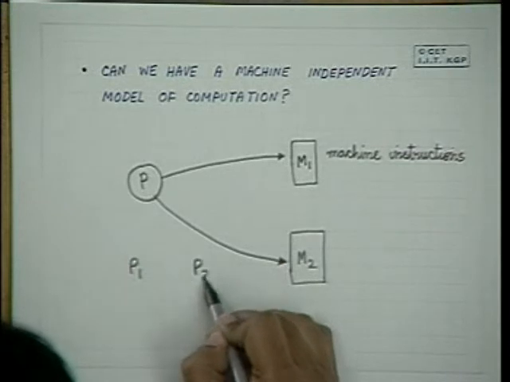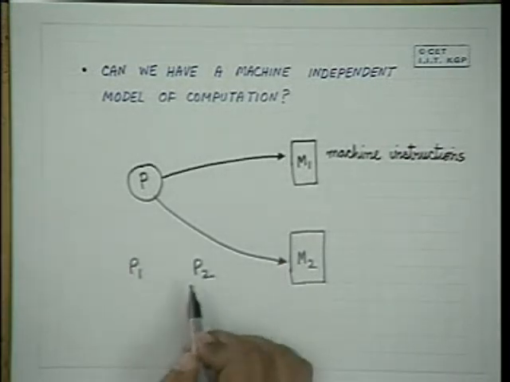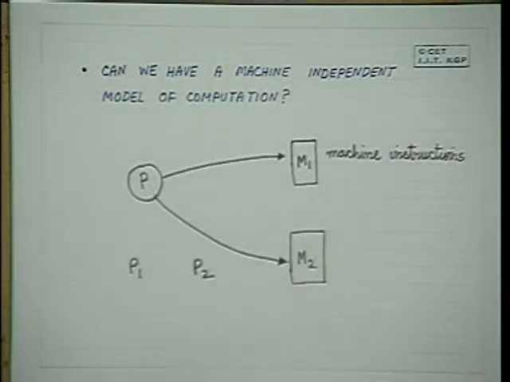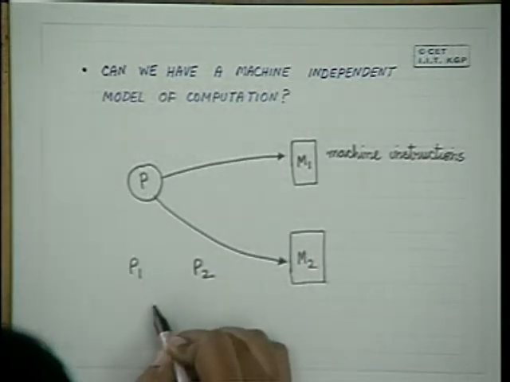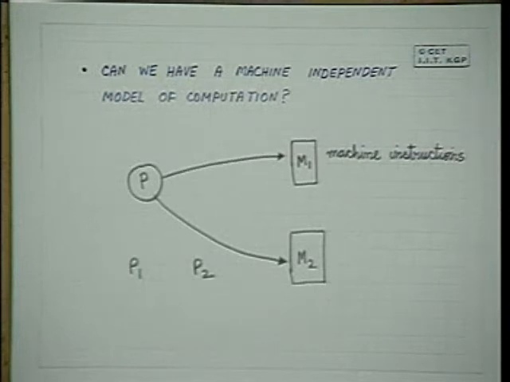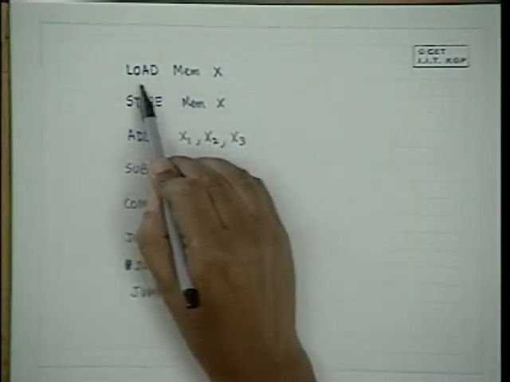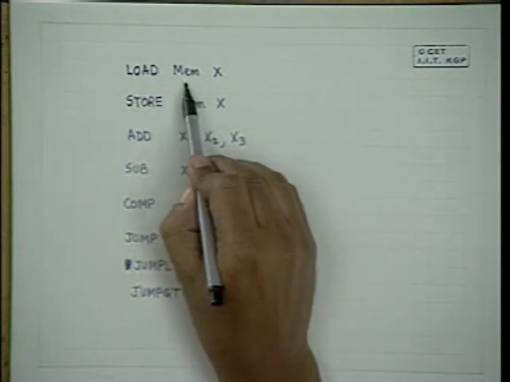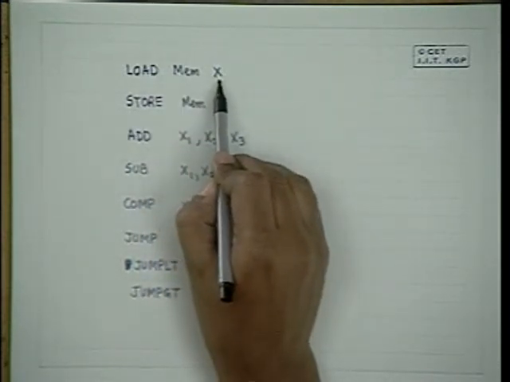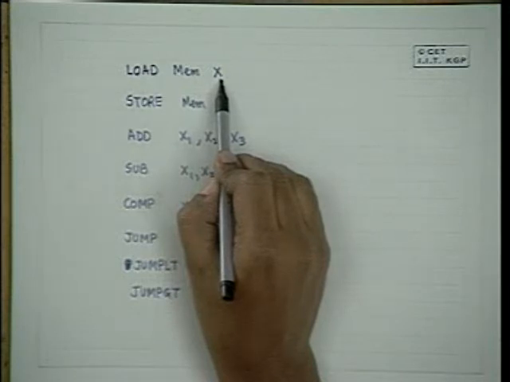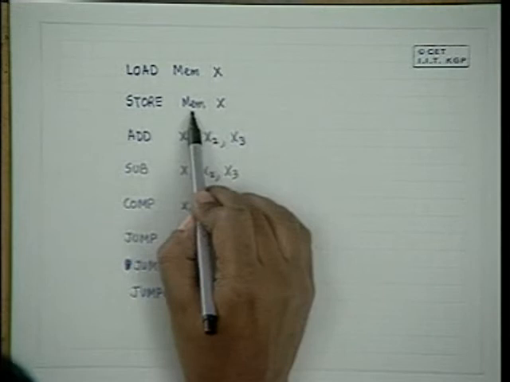and P2, put them onto that, compared their instruction sets, and you could have said something. I'll give you an example of an instruction set. This is, say, load from the memory a variable and store it inside the computer as a variable X, say, as a register. Store this into the memory.